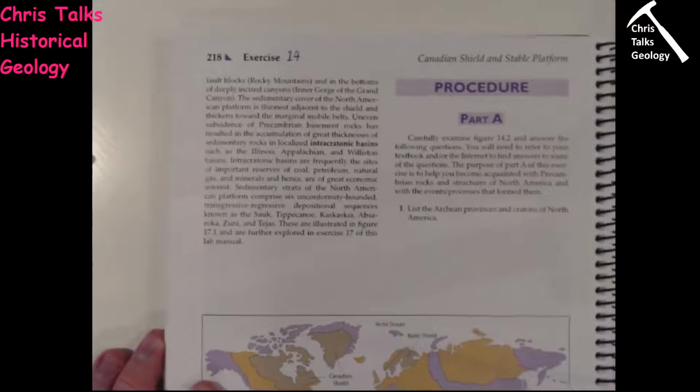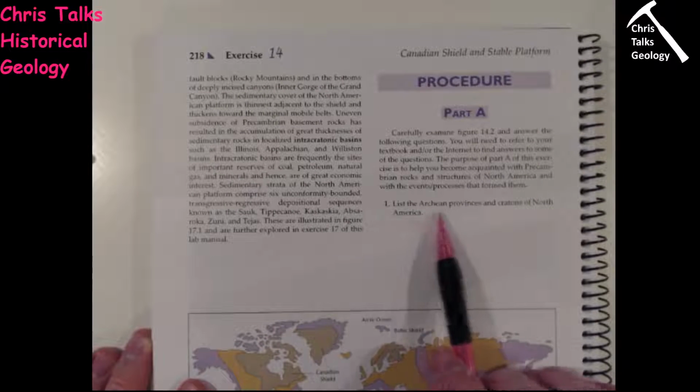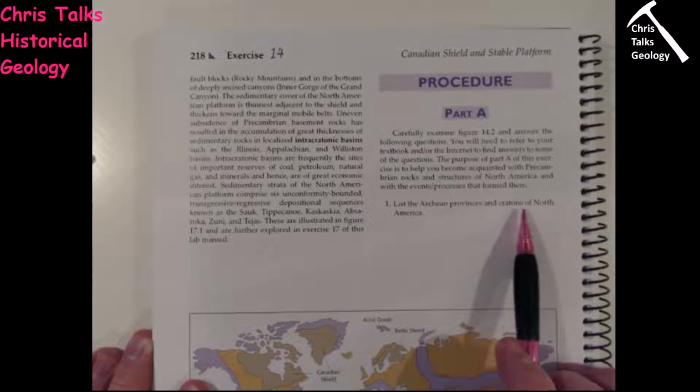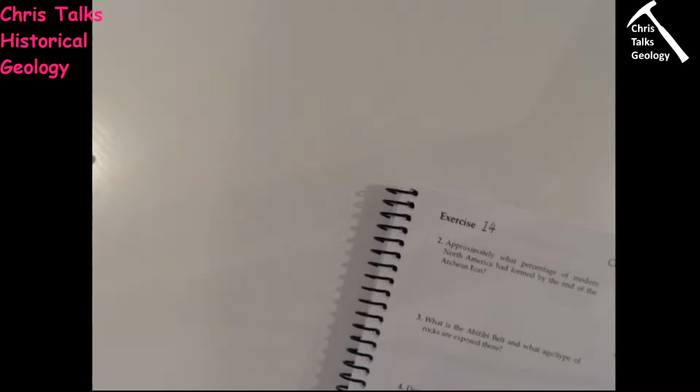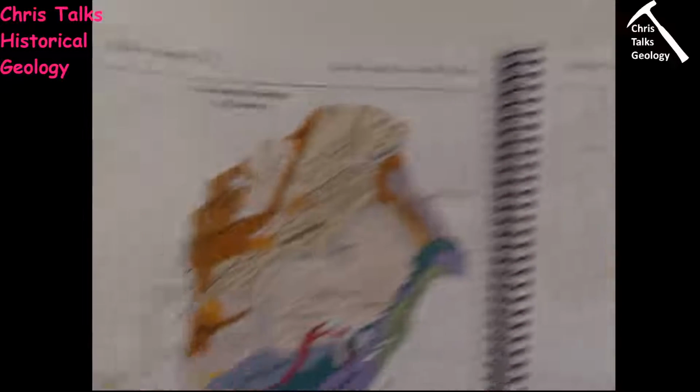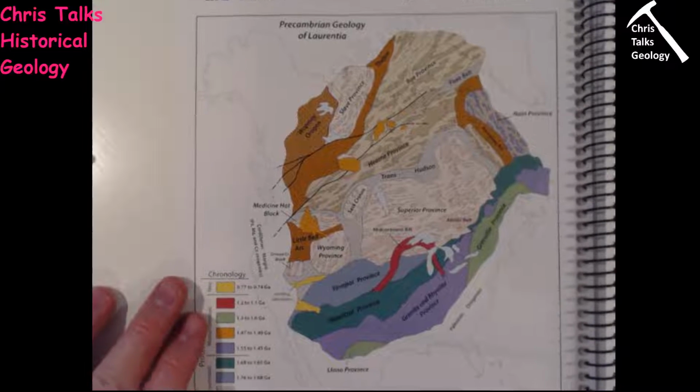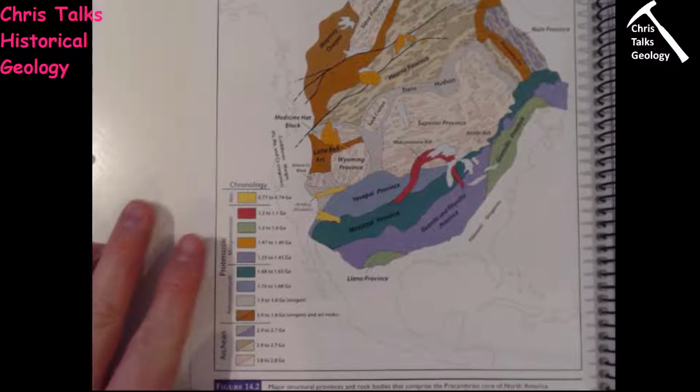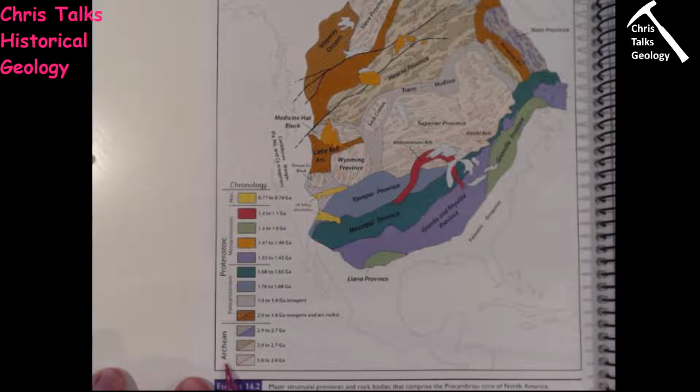So part 1 is quite straightforward. It says list the Archaean provinces and cratons of North America. Well, how are we going to do that? We're going to go back to our diagram. If we look down here, these are the Archaean rocks. You have this pink and brown, brown and grey and purple.